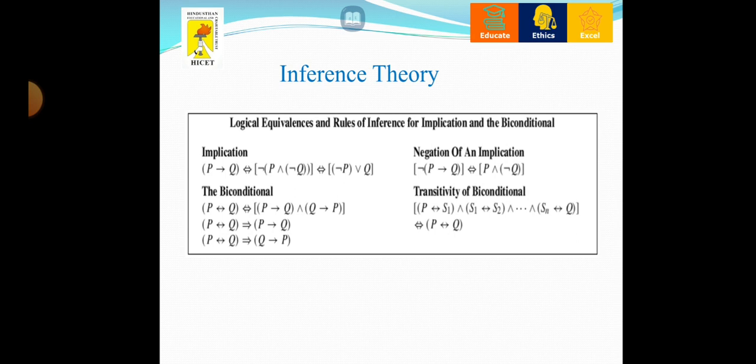Next, inference theory. Here are given some implication formulas, logical equivalences and rules of inference for implication and biconditional.